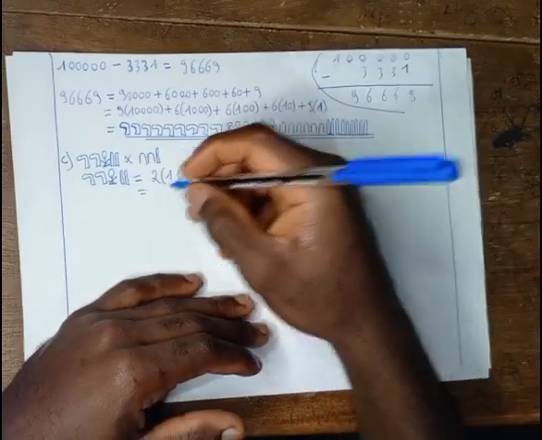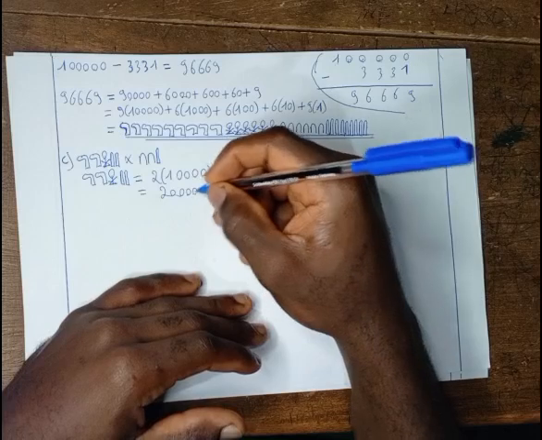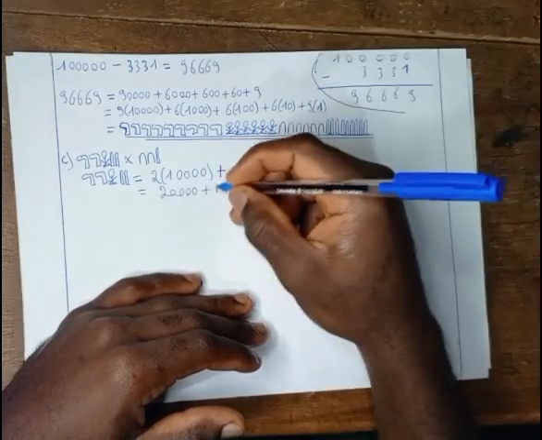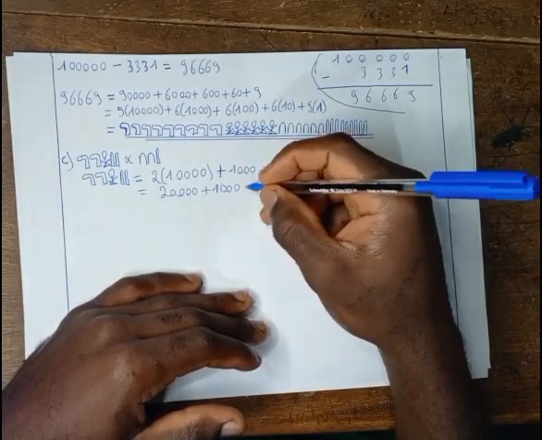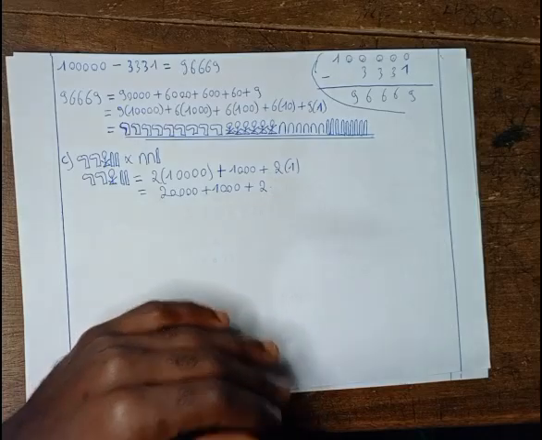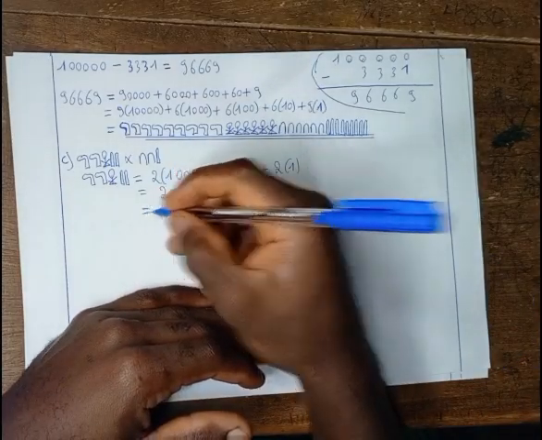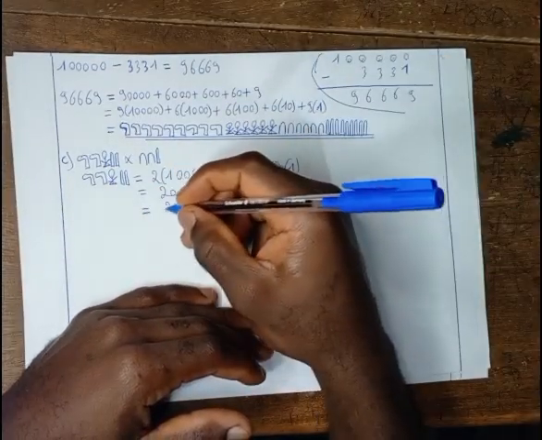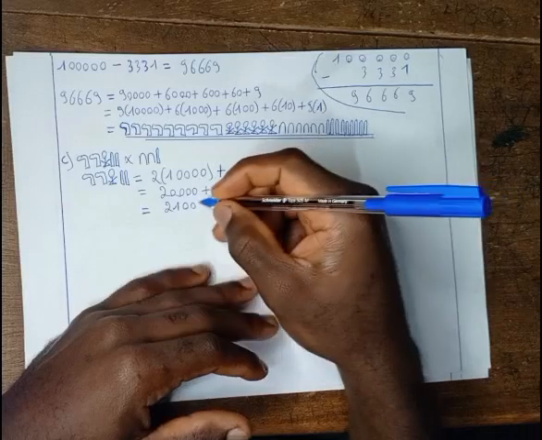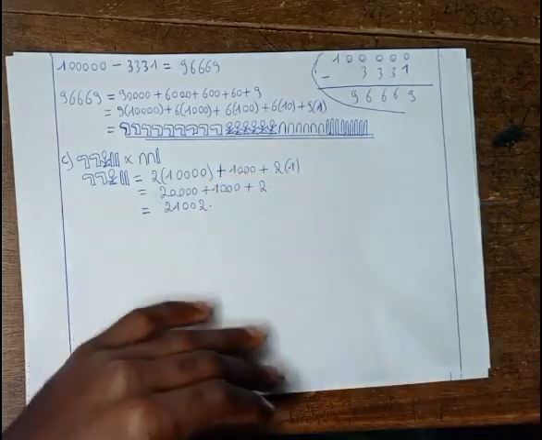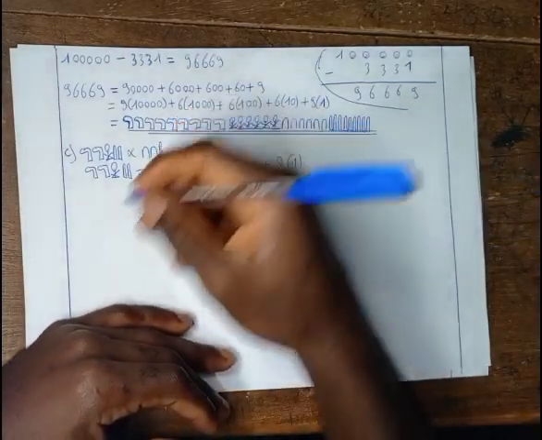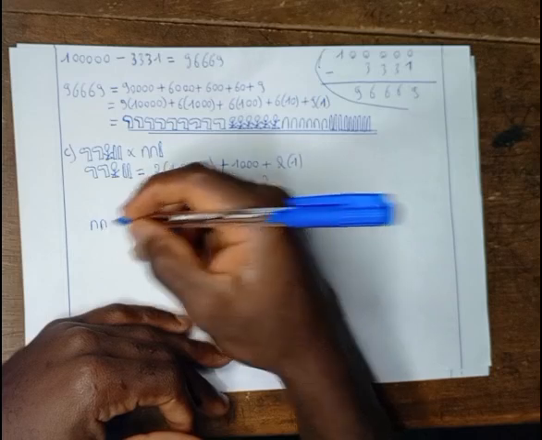So this will give us 20,000 plus 1,000 plus 2. We perform this addition, this will give us 21,002.